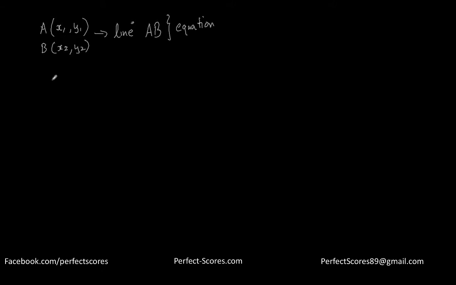So let's say, for example, if I draw the vector plane like this, let's say this is the y-axis and this is the x-axis. Let's suppose this is point A, which is x1 comma y1, and let's say this is point B, that is x2 comma y2.